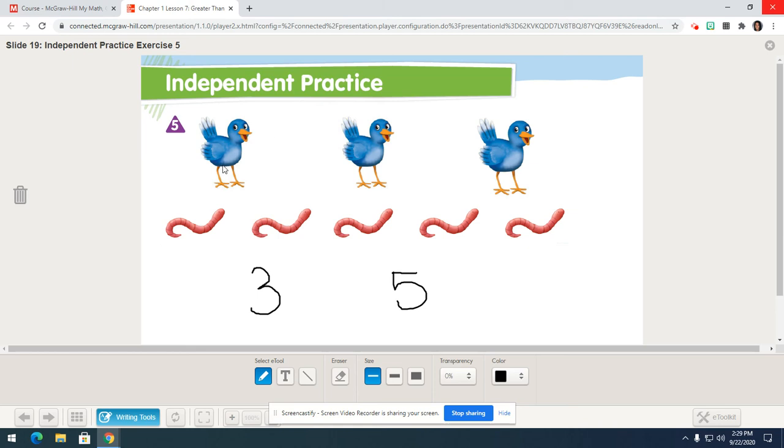Draw a line from the bird to the worm and help me count. 1, 2, 3. Put a circle around the items that are more than.